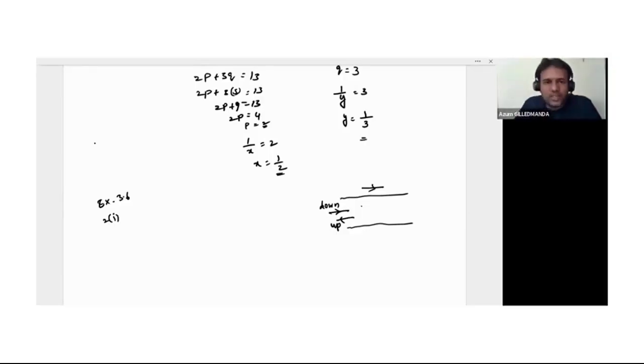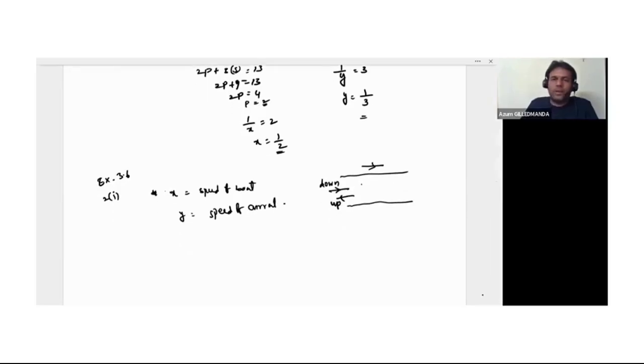So let's say U or X, anything. I'll take X only, right? Let's say X is the speed of boat, okay? Speed of boat. And Y is the speed of current.